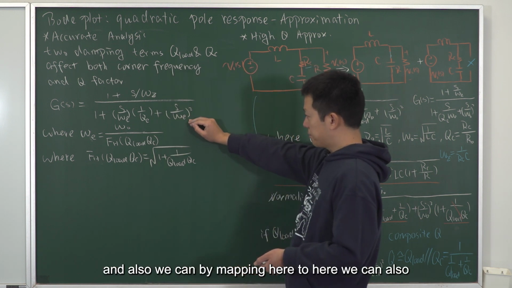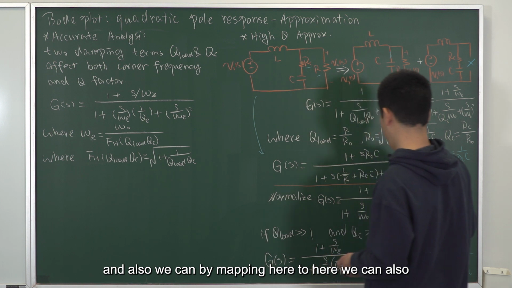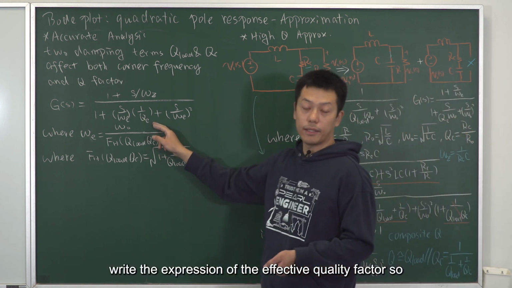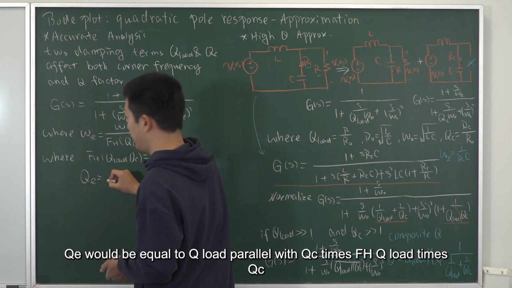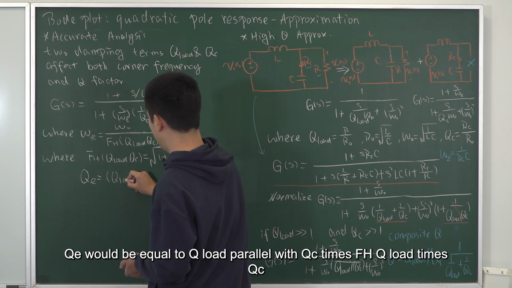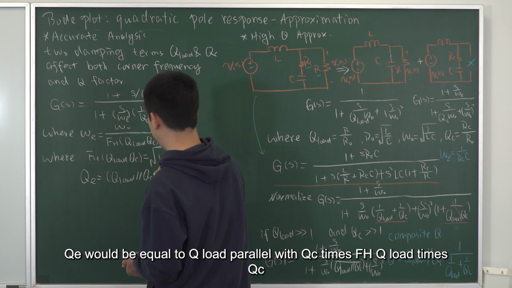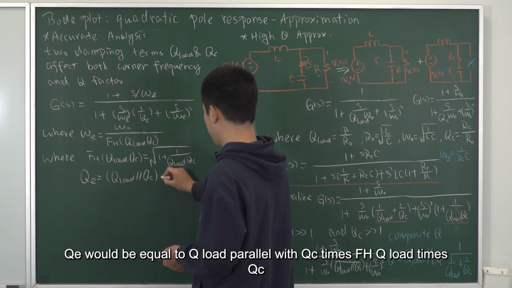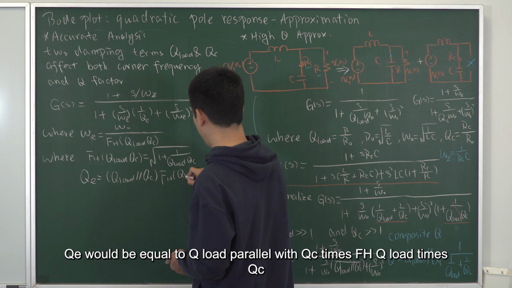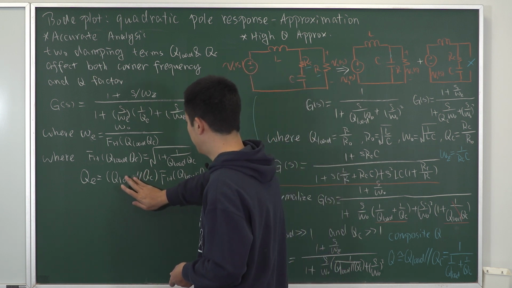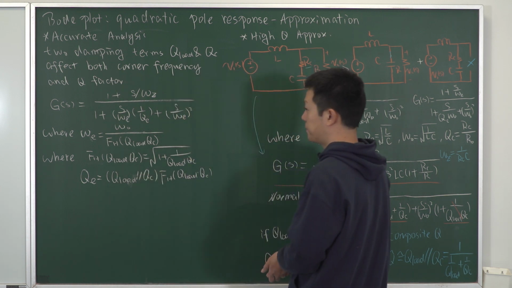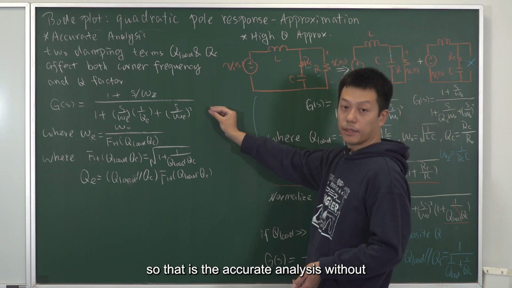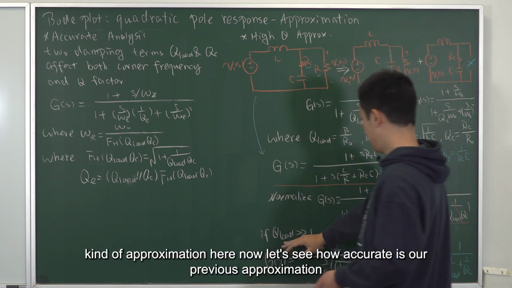Also, by mapping here to here, we can write the expression of the effective quality factor. QE equals Q load parallel with QC times FH Q load times QC. So that is the accurate analysis without approximation.